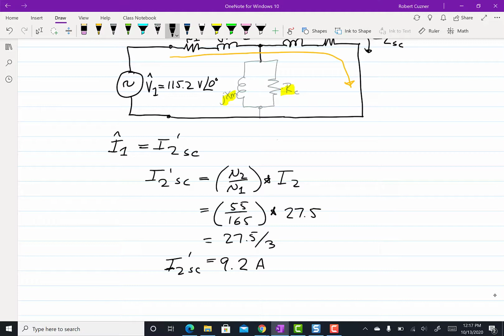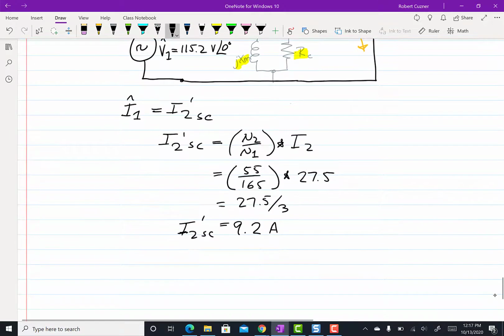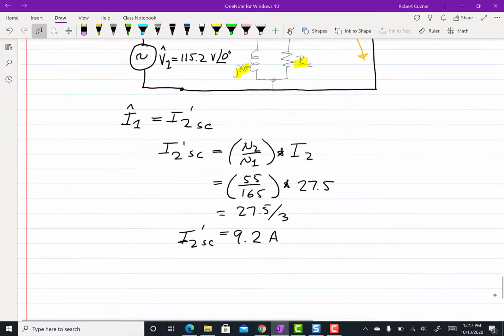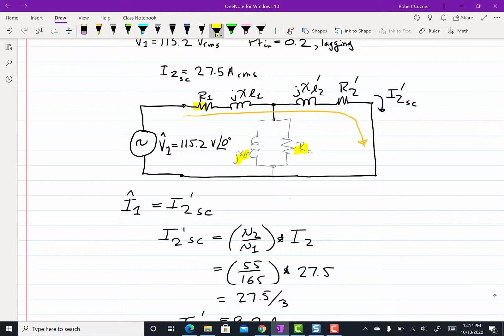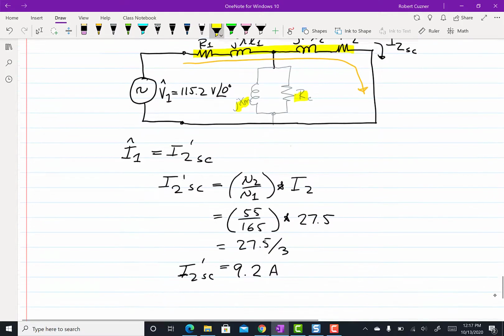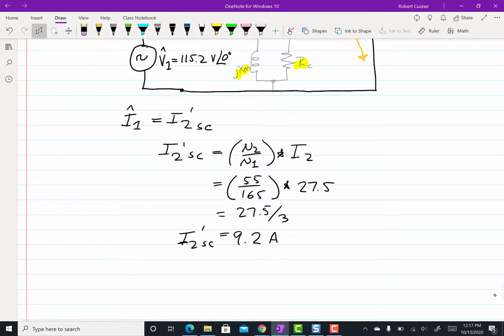You say, oh, I shorted the secondary. Why isn't it really high? Well, this is a fairly low rated transformer. And in reality, what is happening is that these impedances are limiting that current. And we'll find out that they're quite reasonable.